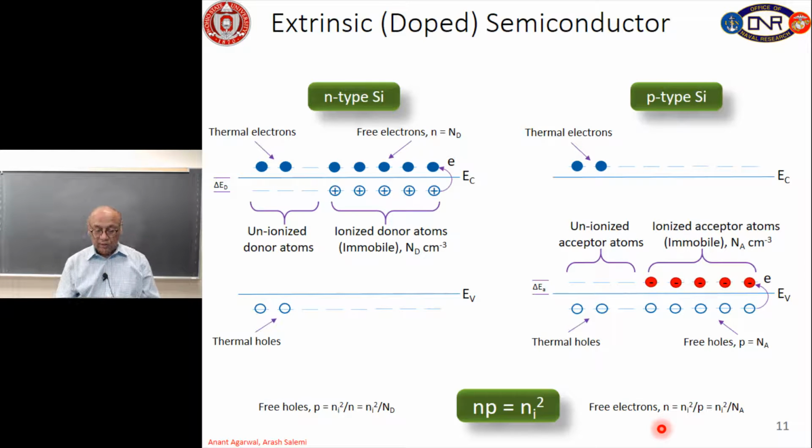Now, if we move this donor level below, or we move this acceptor level above the valence band edge, then it is much harder for these donor and acceptor ions to ionize, and at room temperature we will find that they are not 100% ionized.